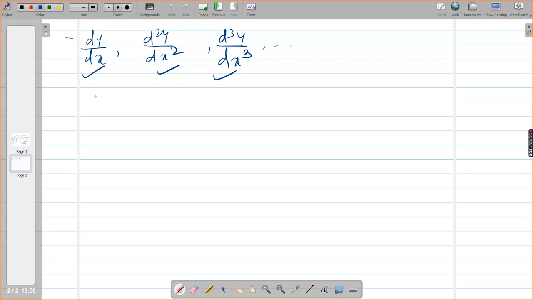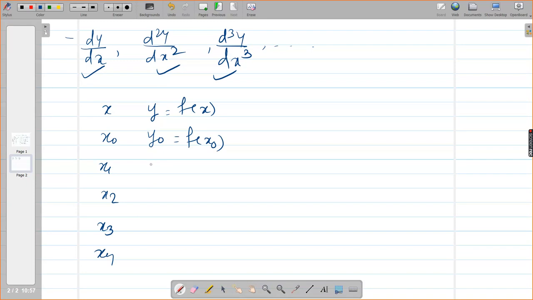In the last lecture also I had explained, you are given certain values of x and y: x0, x1, x2, x3, x4, and y0, which is f(x0). Y is equal to f(x), that means y is explicitly expressed in terms of x, but we do not know what f(x) is.